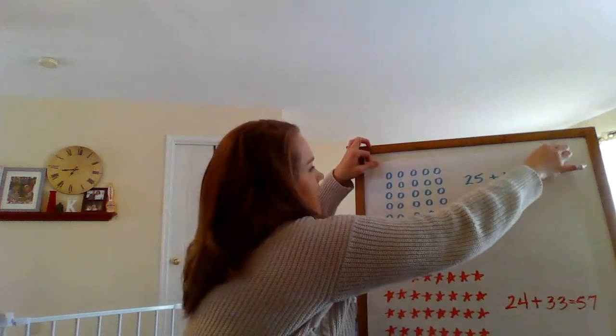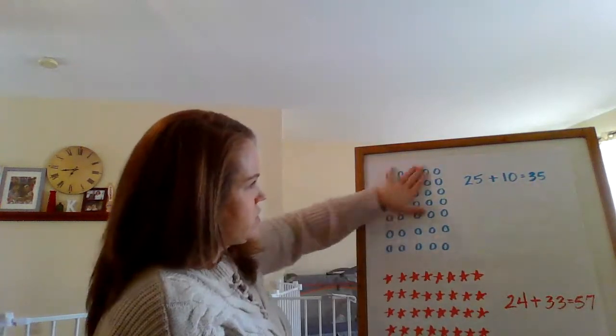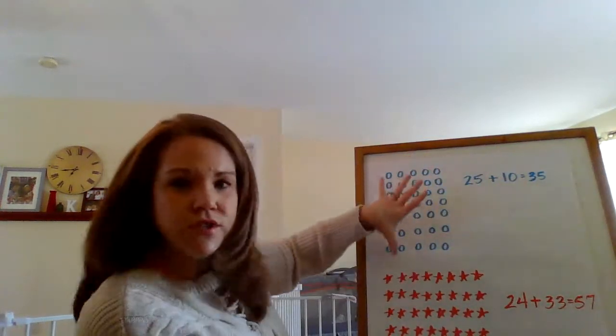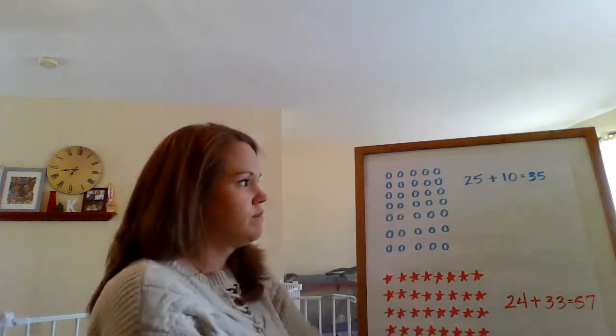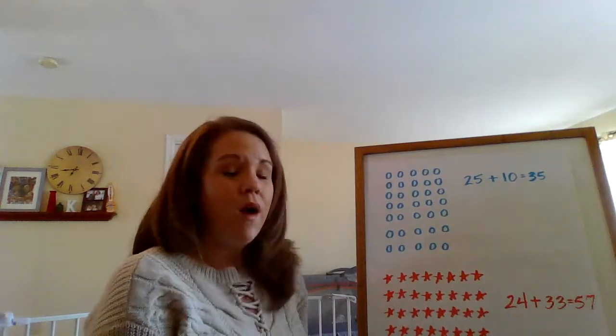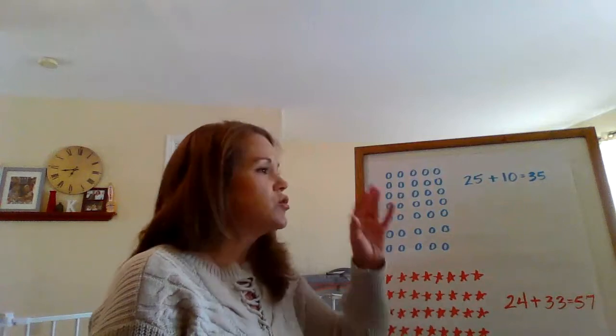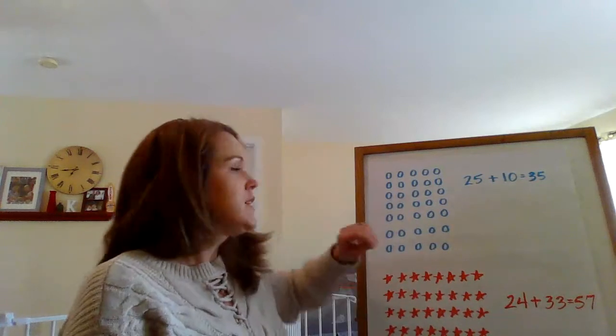Looking at this, I'm saying, okay, to solve this array, this person did 25 plus 10. I'm thinking in my head, I really wonder what they did. What strategy did they use for the distributive property? I'm not sure, so let's find out.